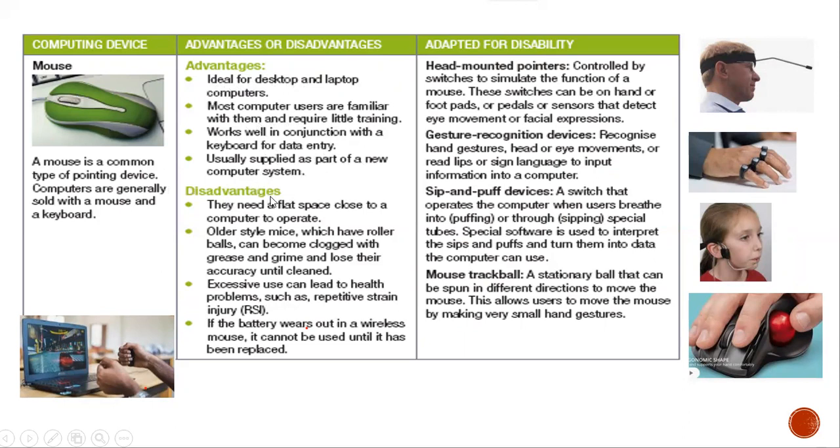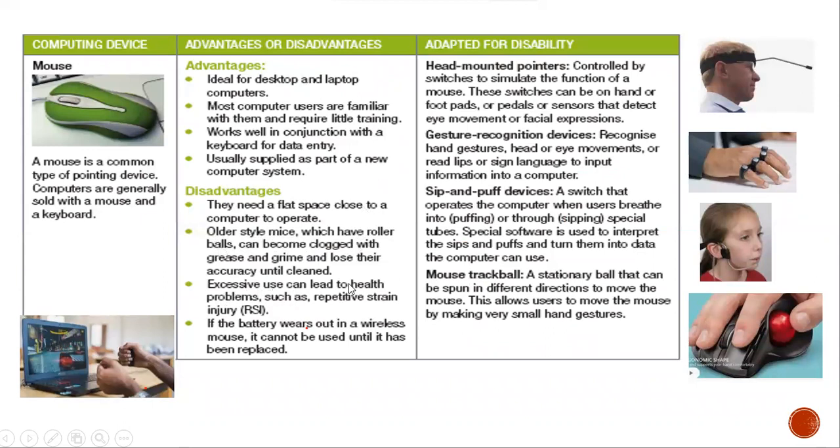The disadvantage is you need a flat surface in order to be able to operate your mouse. It has to have a flat surface. They speak about an older style mouse, which have roller balls that can become clogged with grease and grime. That's the older mouse.